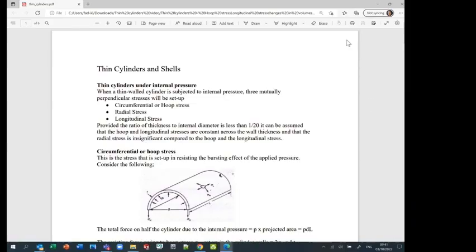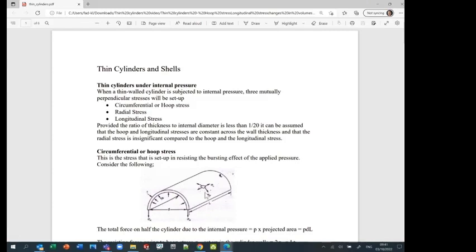So if we go back and recap what we've covered in this class, we've been thinking about pressures which are contained within a structure and the stresses which are set up within that structure. We've shown for a thin cylinder, we get 3 mutually perpendicular stresses.